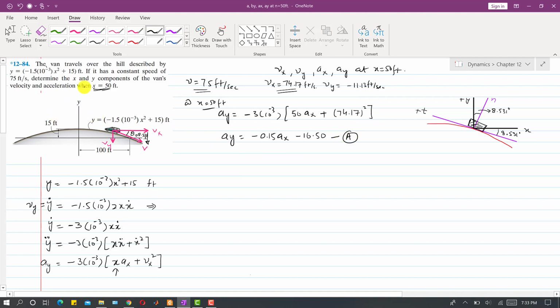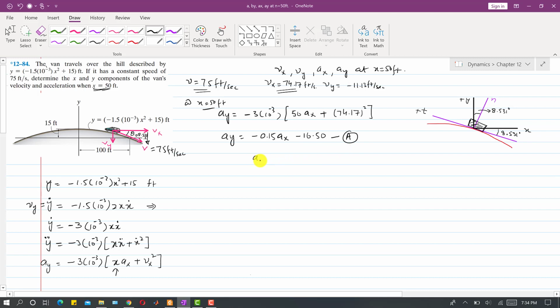So now in this statement we are given that this car has a constant speed of 75 feet per second, and I have discussed that this constant velocity, which is 75 feet per second, is tangent to the path, right? So this means that if we find the tangential acceleration, the acceleration which is parallel to this tangent line, then that acceleration will be 0, right?